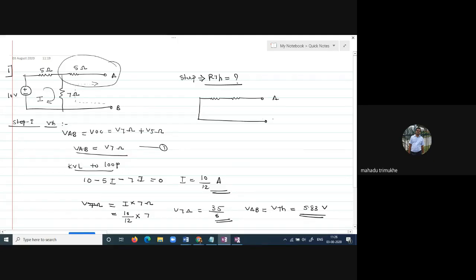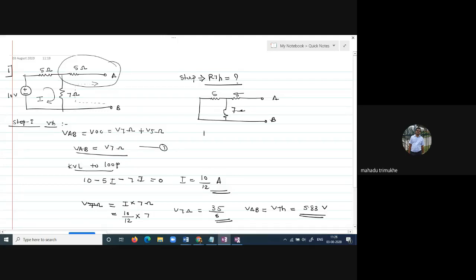Points A and B, here a 5 ohm resistor, a 5 ohm resistor, and here a 7 ohm resistor. With all sources turned off, you can easily find the total resistance of this electrical network.